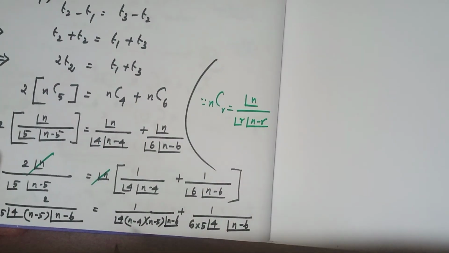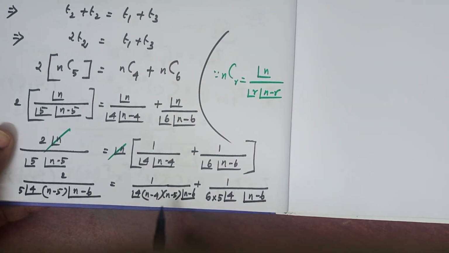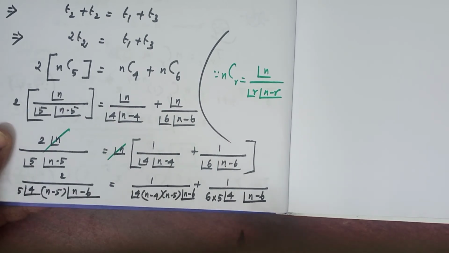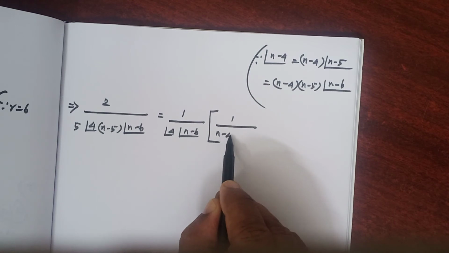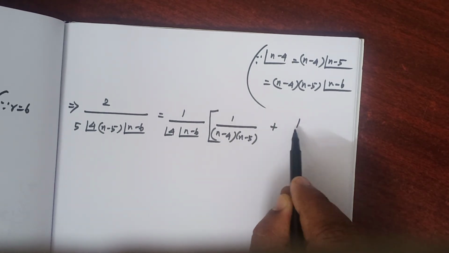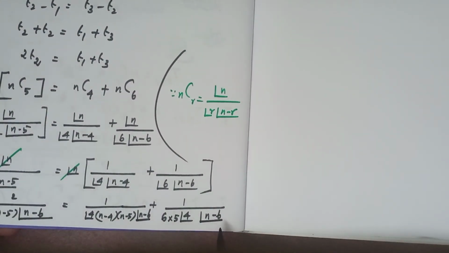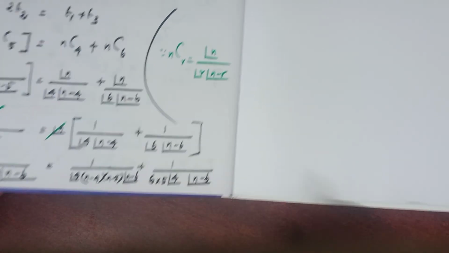After taking 4 factorial and n minus 6 factorial as common, the left out factors are n minus 4 and n minus 5. So 1 divided by n minus 4 into n minus 5 plus 1 divided by, we have taken 4 factorial and n minus 6 factorial common. These two left out, 6 5s are 30.